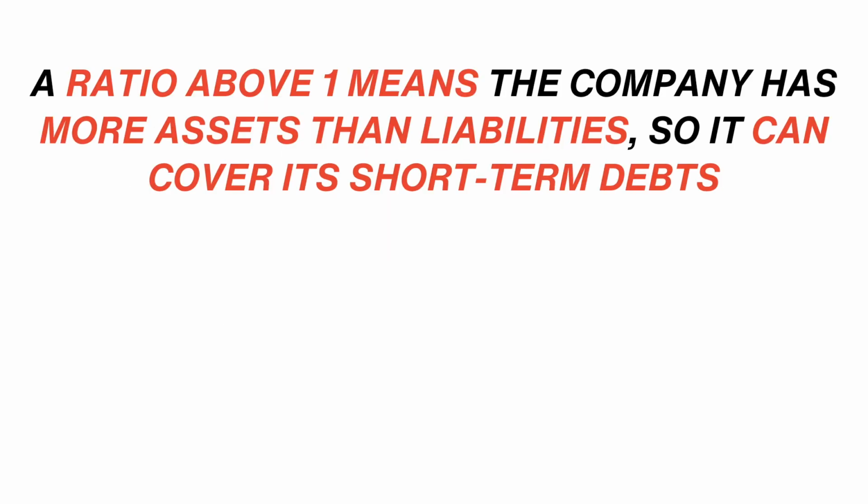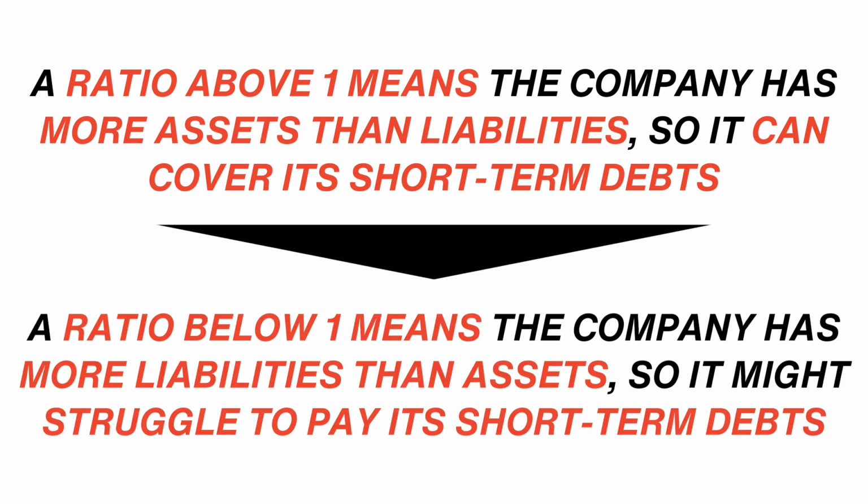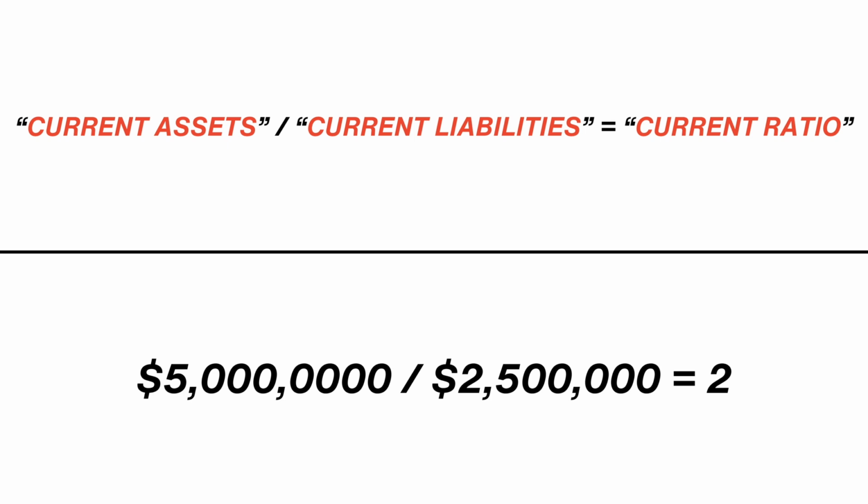A ratio above 1 means the company has more assets than liabilities, so it can cover its short-term debts. A ratio below 1 means the company has more liabilities than assets, so it might struggle to pay its short-term debts. With $5 million in total current assets and $2 million in total current liabilities, Tom's Toy Factory has a current ratio of 2.